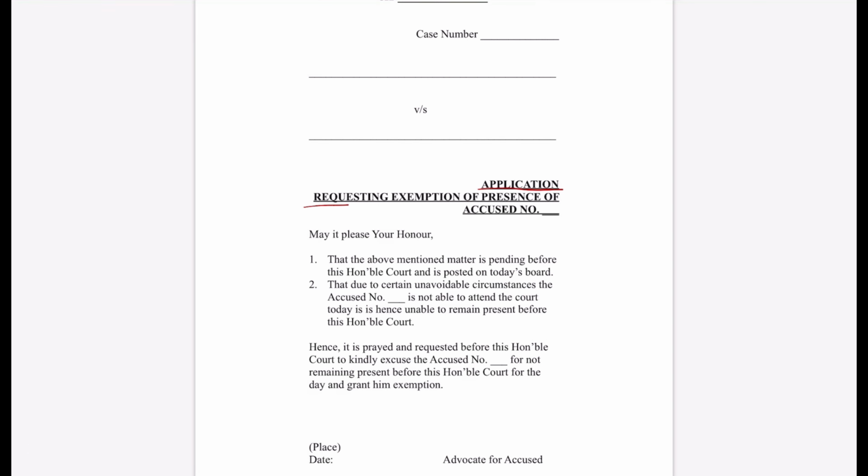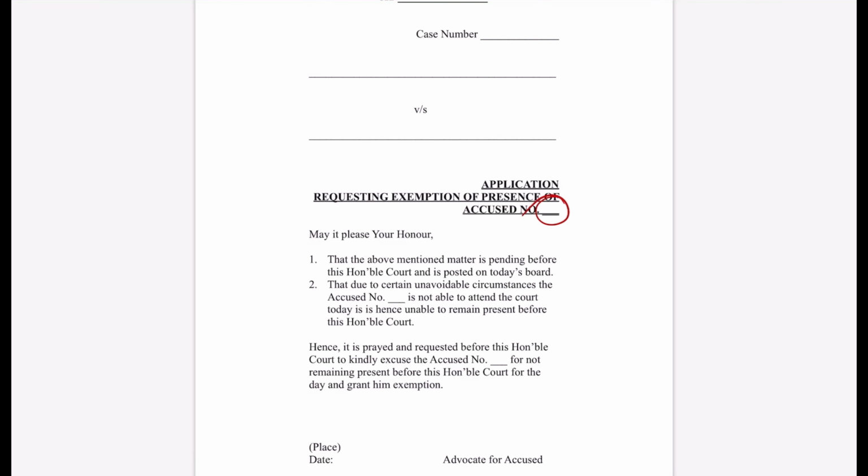So: application requesting exemption of presence of accused number, whatever the number of your accused is. If in your case there is only one accused, then you need not write this; you can only write application requesting exemption of presence of the accused, and that's it.